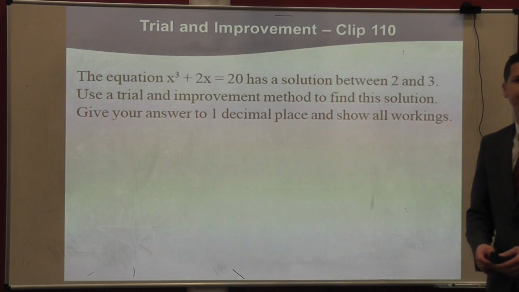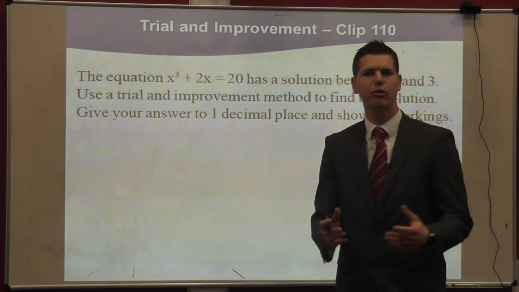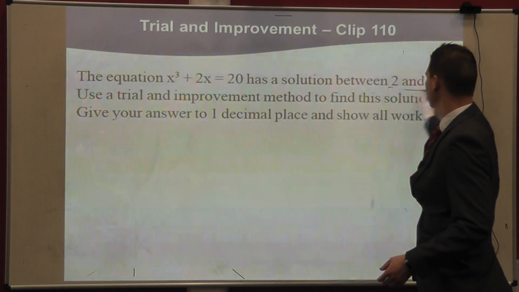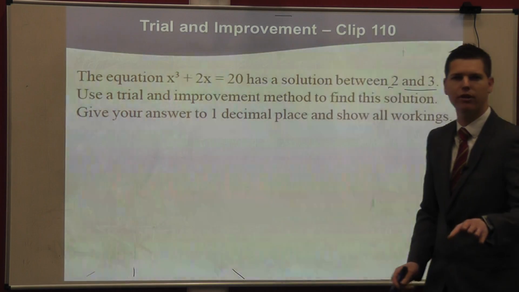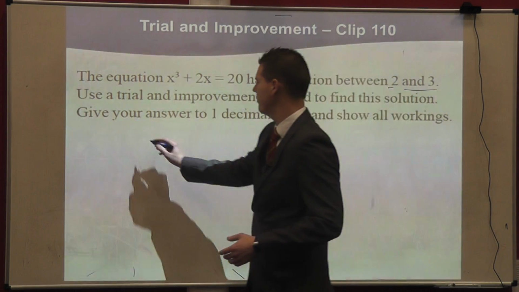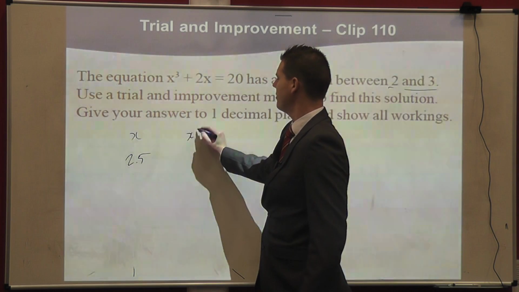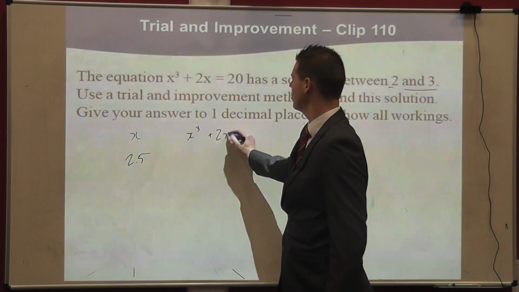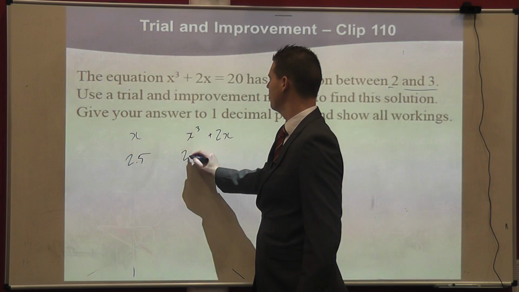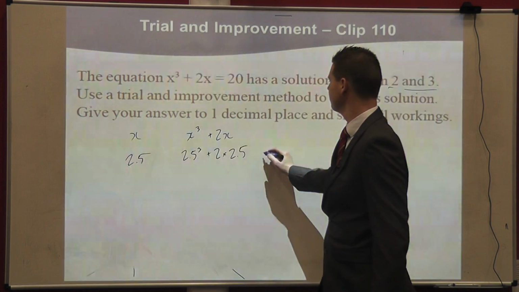Trial and improvement. 4-mark exam question. You're going to go through and you're going to do this. Trial and improvement, simple. It's between 2 and 3. So you should know that the first thing you're going to do is start with halfway between those, which is 2.5. So x is 2.5. That means x cubed plus 2x, which is 2.5 cubed plus 2 times 2.5.